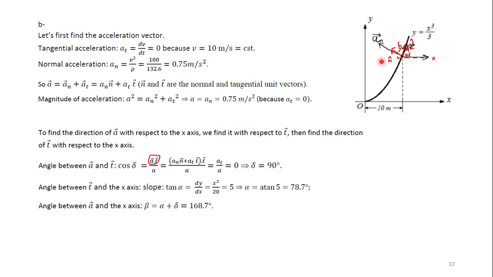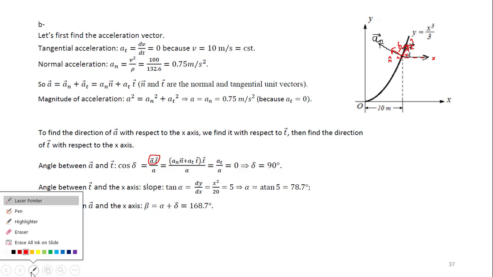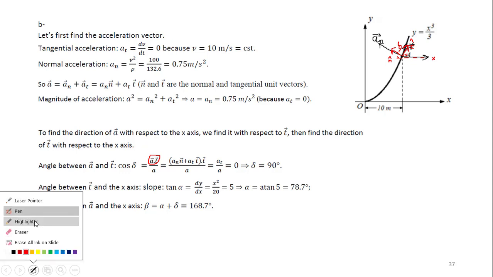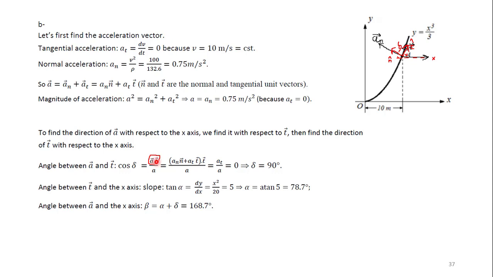To find the angle between an and tau, this angle will be called delta. To find this angle, we used the scalar product between a and tau.